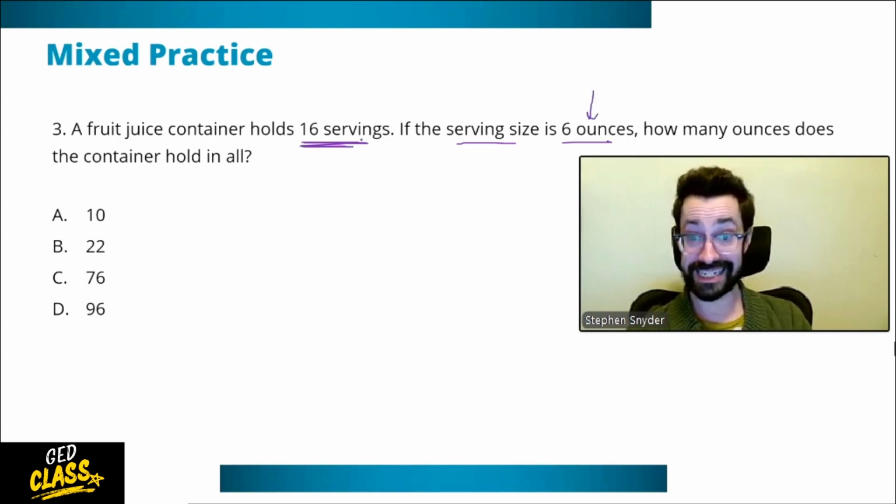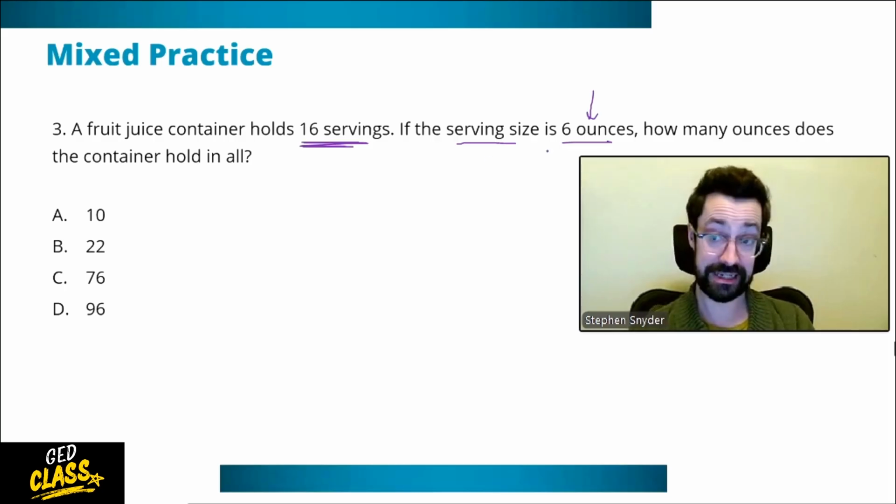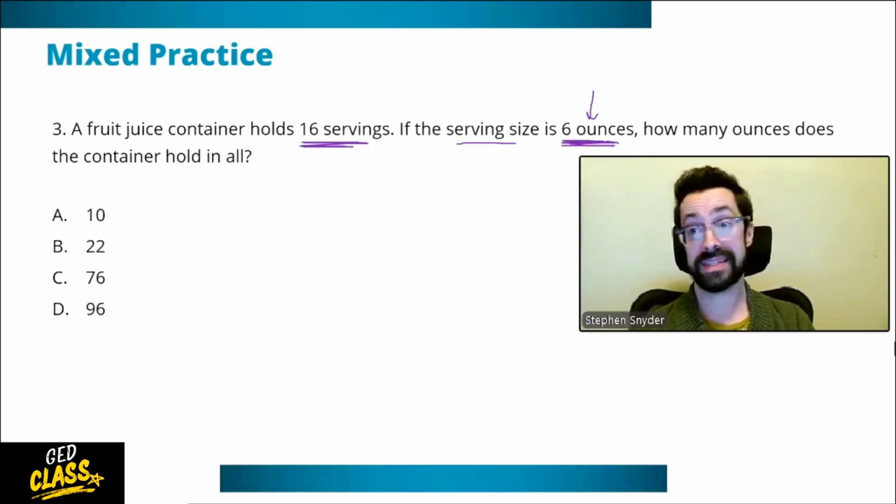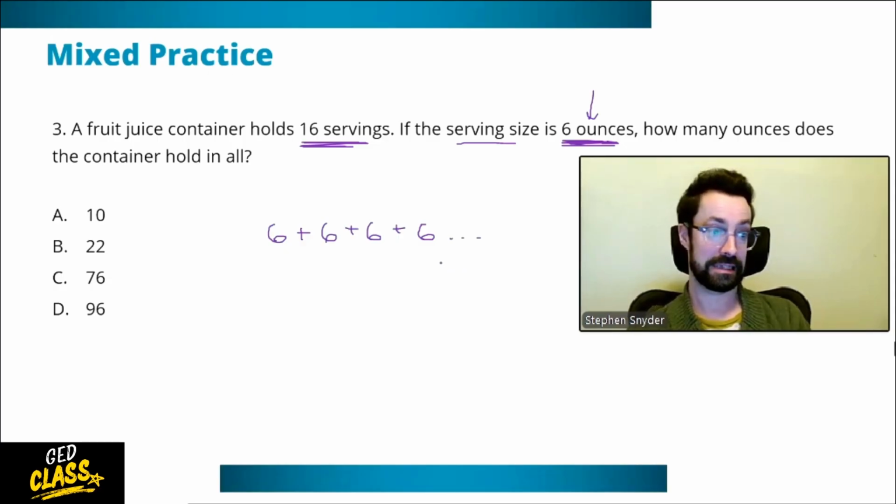So if I have 16 of these, I have to have 16 sixes, right? For serving number 1, I have to have 6 ounces, and serving number 2, I have to have 6 ounces, and serving number 3, I have to have 6 ounces, etc. So y'all, give me a Y in chat if that makes sense.